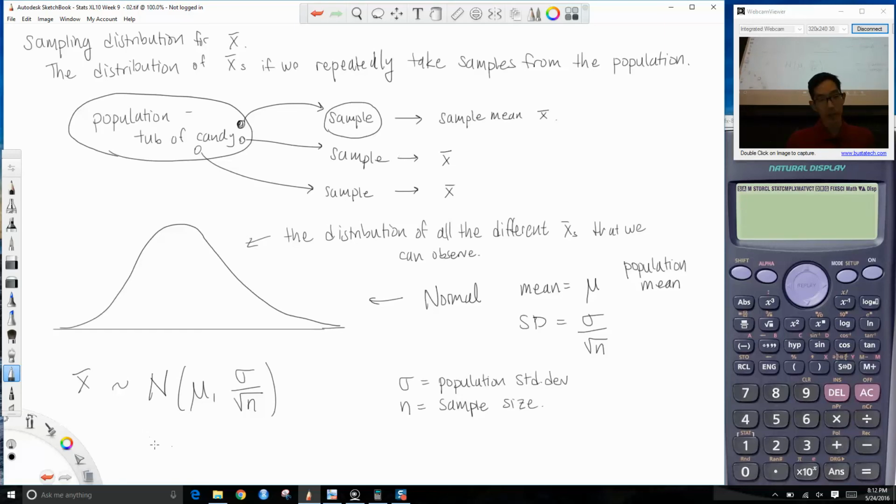But we have to say star asterisk, as long as our n is large enough, okay? Because if the sample is small, like if you're taking samples of size 2, we saw that you didn't necessarily get a normal distribution, okay?